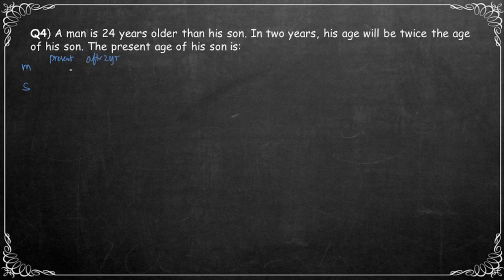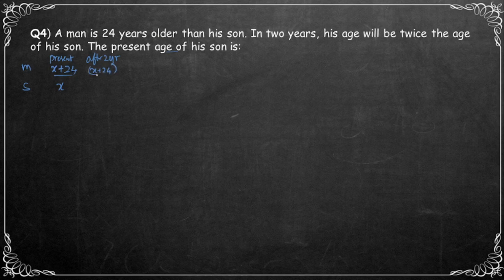Right? So if we take present age of son as x, since that is what we have to find. Now first sentence says a man's age is 24 years older than his son. So x plus 24 is the age of man, right? Now after 2 years this will become x plus 24.